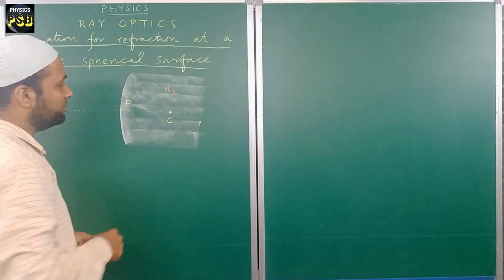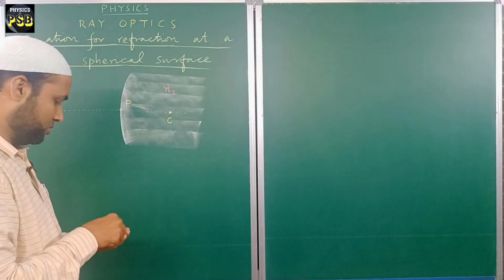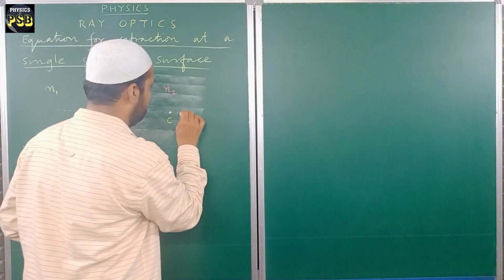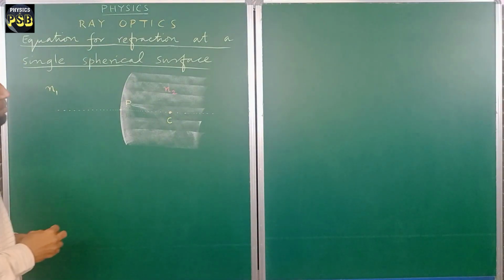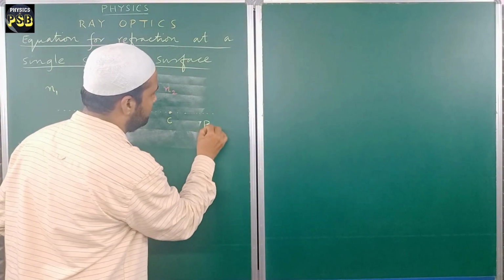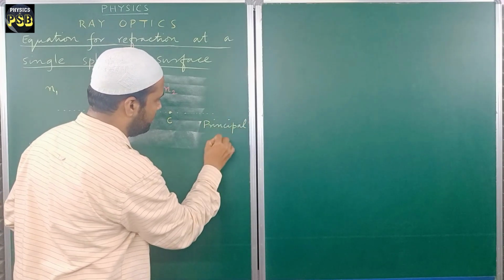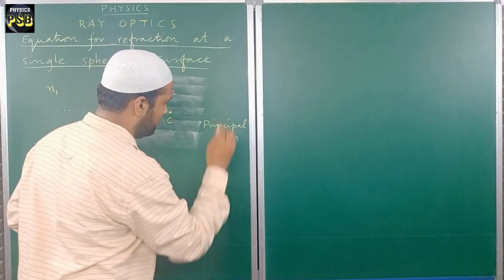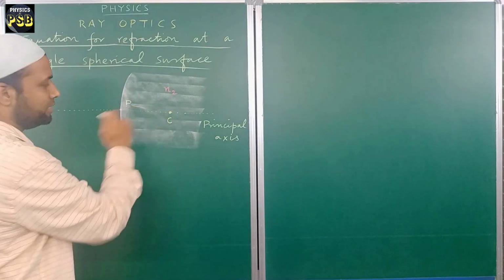So we call this the center of curvature of this spherical surface. This line is called the principal axis. It is passing through the pole and the center of curvature.